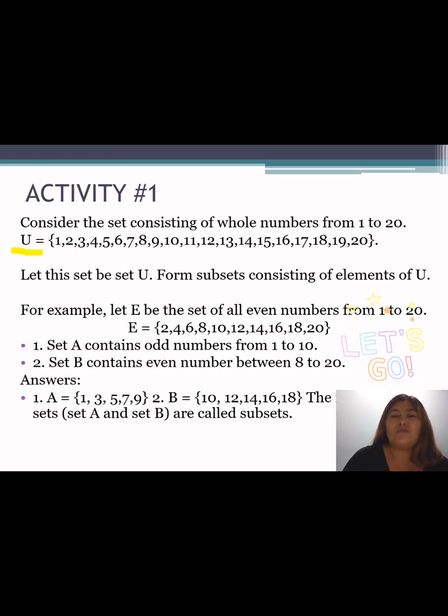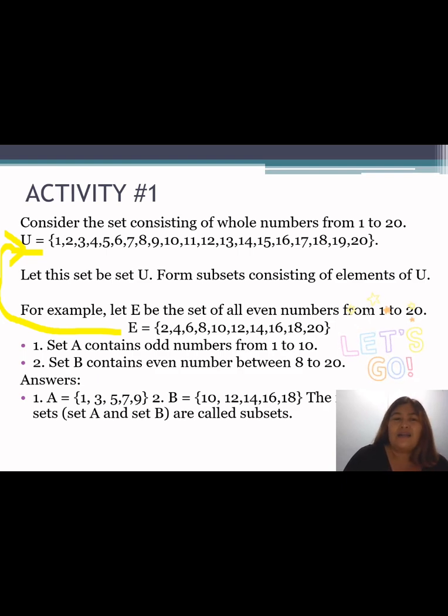What are those? 2, 4, 6, 8, 10, 12, 14, 16, 18, and 20. We stop at 20 because our set E contains all the even numbers from 1 to 20 only. So again, set E is a subset of universal set U.